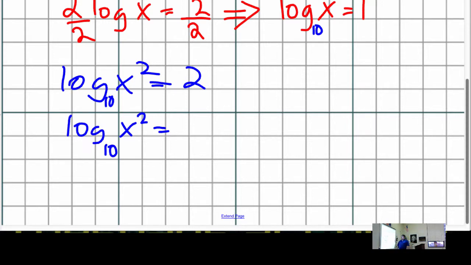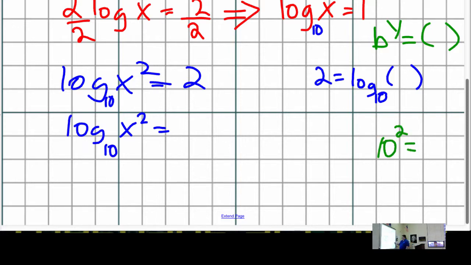Now I could rewrite 2 as a log base 10. So how would I do that? 2 equals log base 10 of something. I don't know what I plug in here, but that's the same relationship, right? So we're going to have b to the y equals the stuff, or 10 to the 2 equals the stuff.